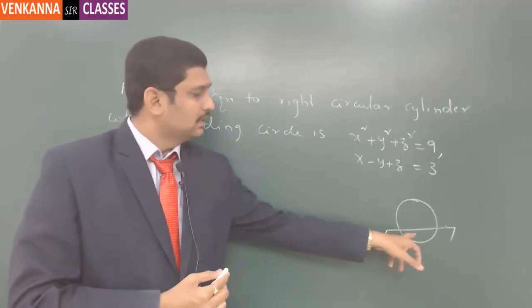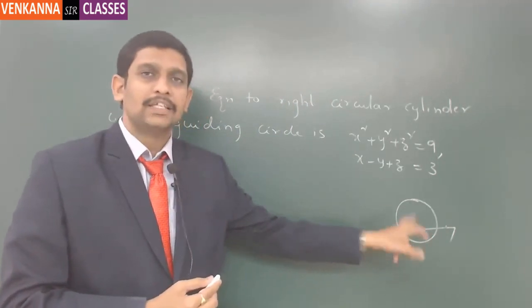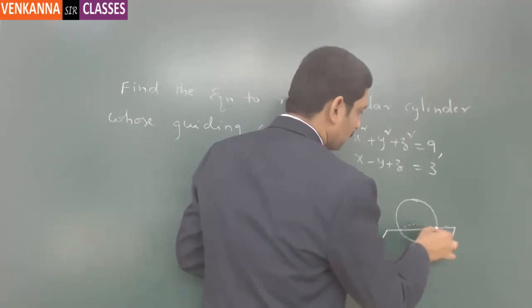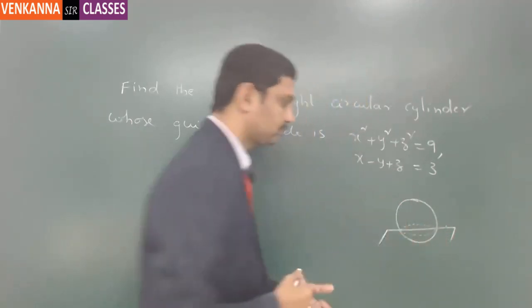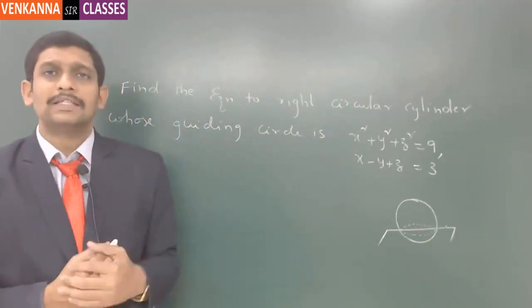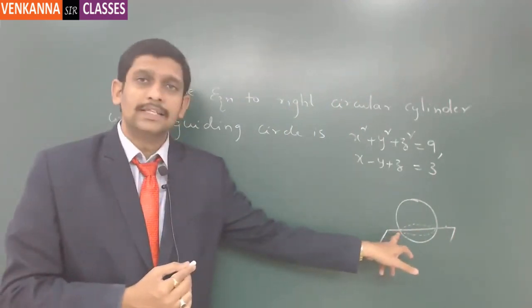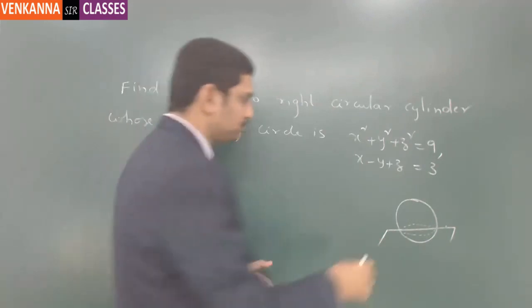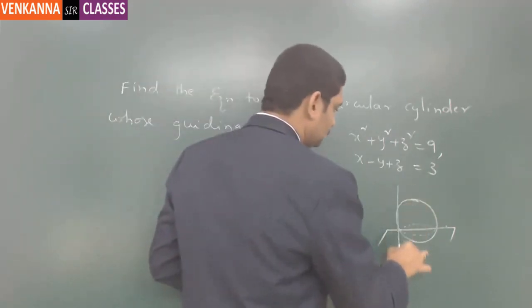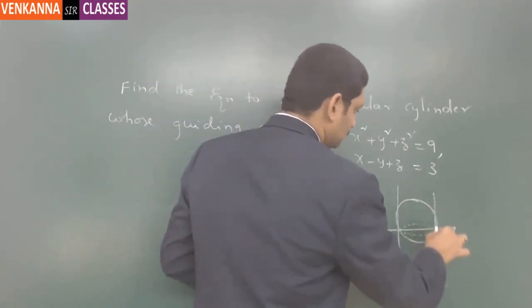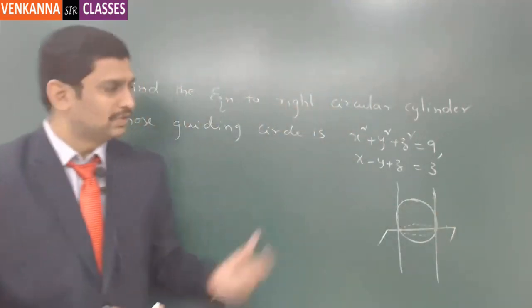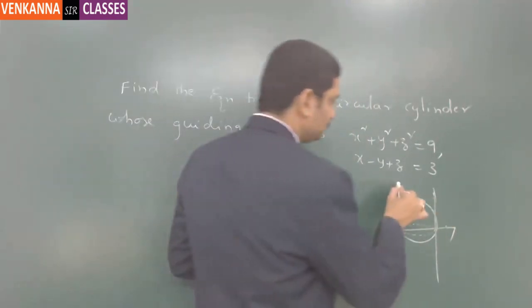You will get the guiding circle at this portion. Now considering this circle as the base curve, we will get the cylinder. So this is our right circular cylinder.